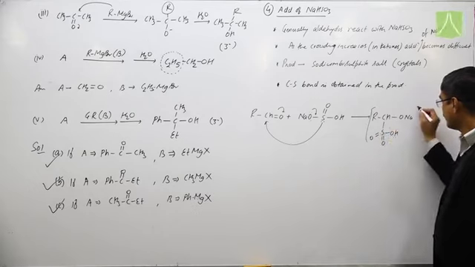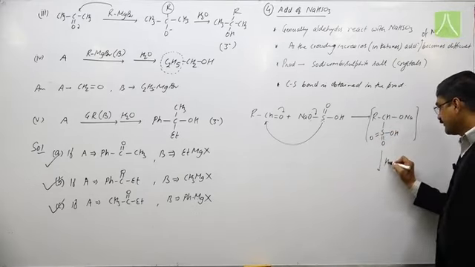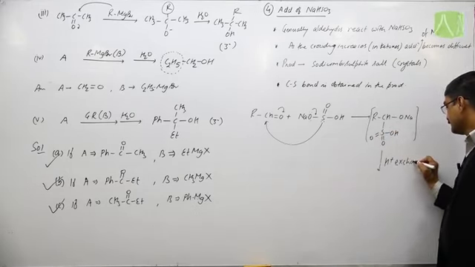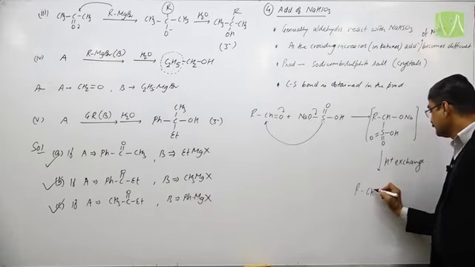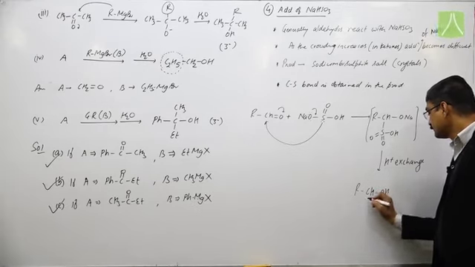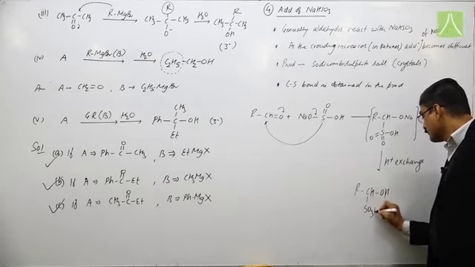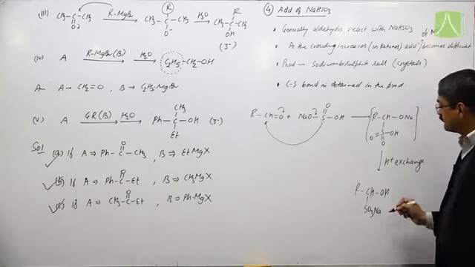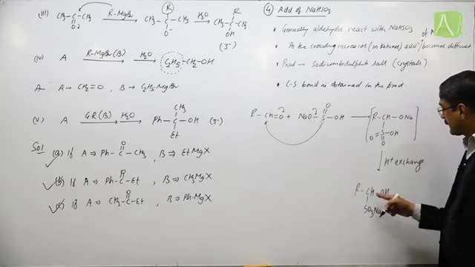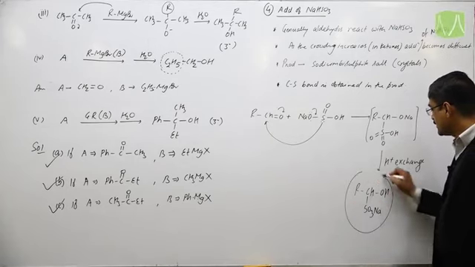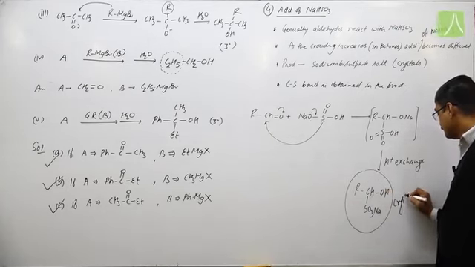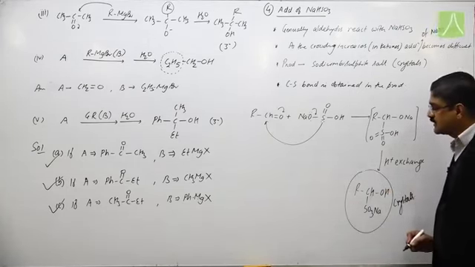This intermediate is formed. After H+ exchange, we get the final crystal. So this is the addition of SO3 at the carbon atom and hydrogen at the oxygen atom. This is in crystalline form, so crystals are obtained.